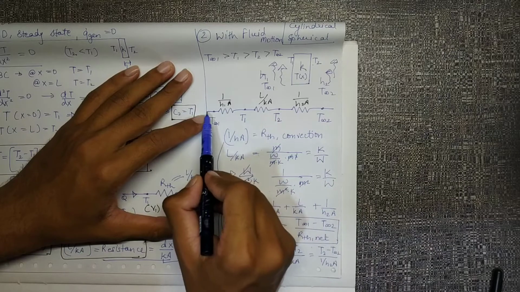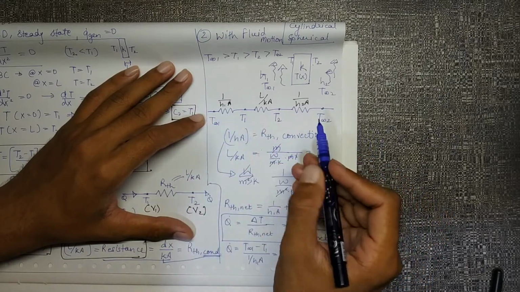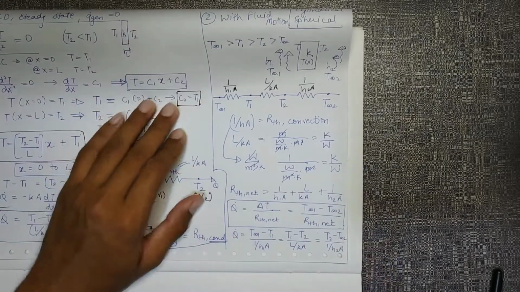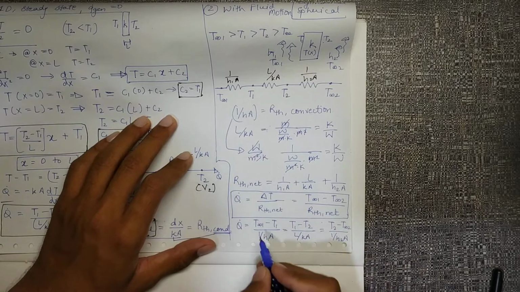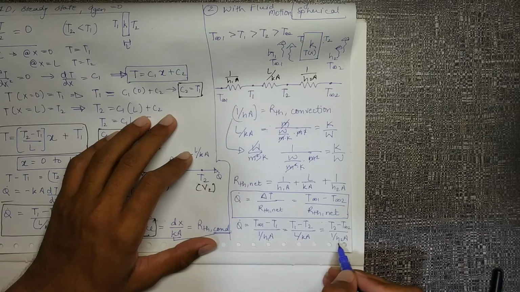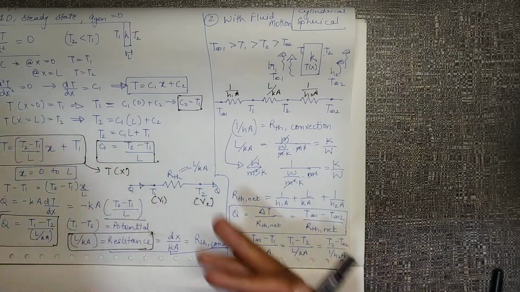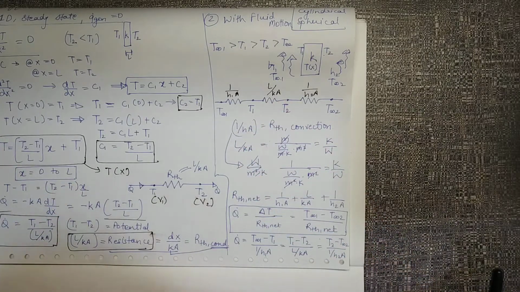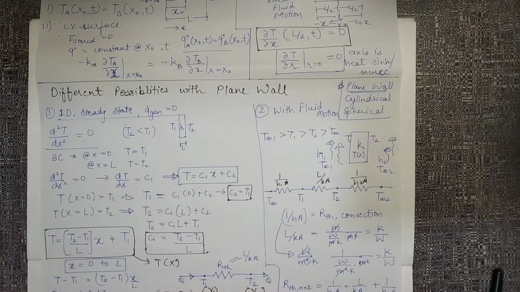Everywhere the same heat is flowing, or the same heat flux is moving. Hence these three heats are equal. So this expression can be used at many locations to find an unknown temperature, or an unknown H1, H2, L, K, anything. A combination of coefficients can be given, and a combination of things can be asked from you. Now we can go to the next boundary condition, but that will be in the next video because this can get longer. Thank you.